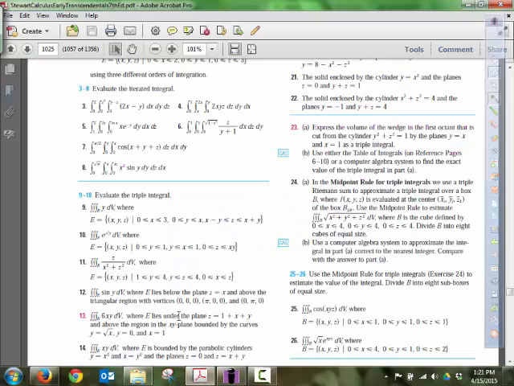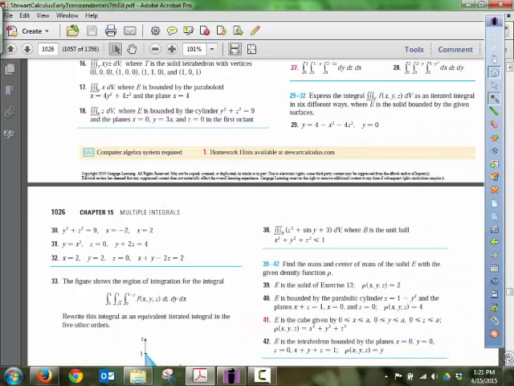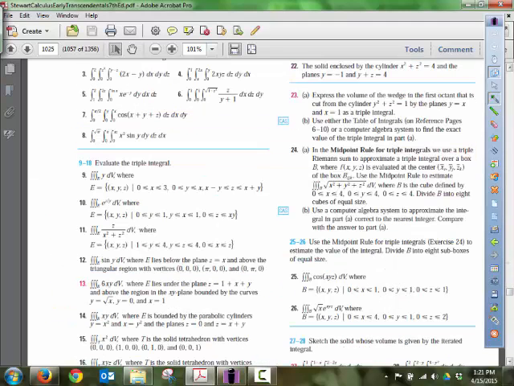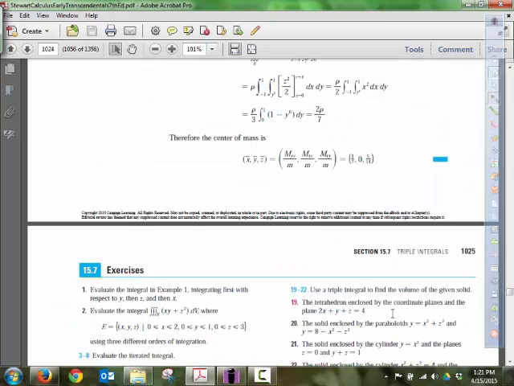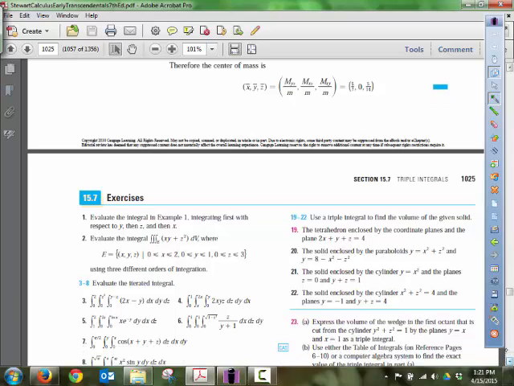Let's see if we can find a volume problem. So use triple integrals to find the volume of a solid. You want to go with a tetrahedron. The tetrahedron is an easy one here, though.